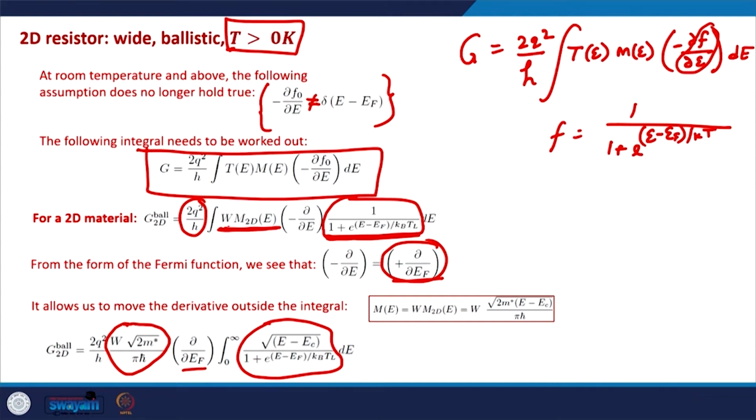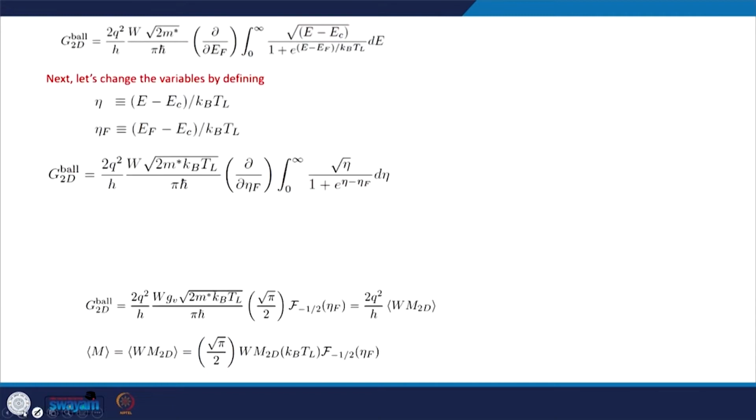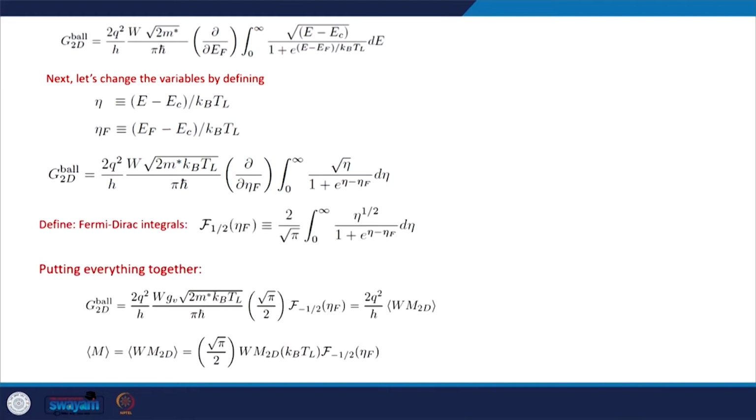So finally, this can be written down in terms of the Fermi-Dirac integral, and as you can see here, eta to the power half will be there. If we make this replacement, eta is equal to E minus EC by kT, and eta f is EF minus EC divided by kT.